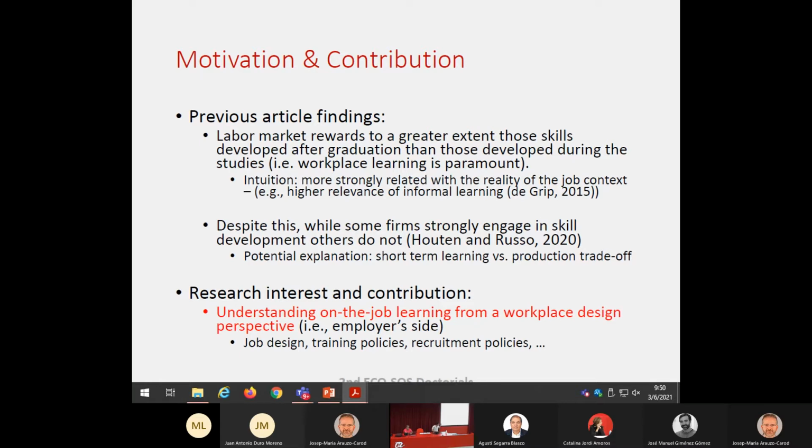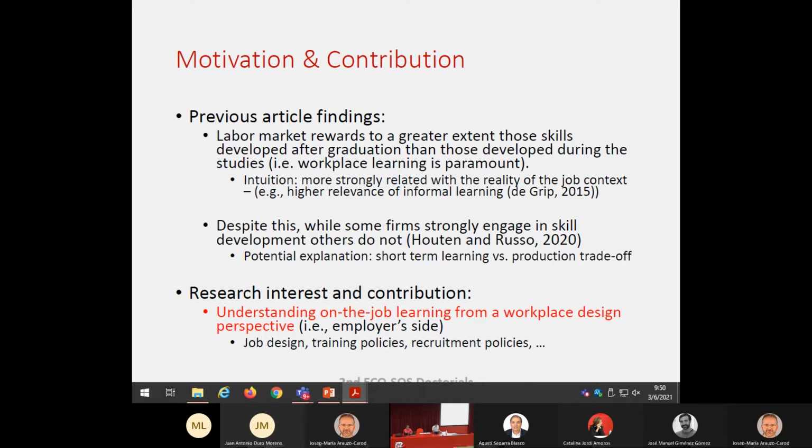You can check this in the recent European Company Survey report by Huten and Russo, which is a really big study. A potential explanation is that there may be a trade-off between learning and production, and some firms are not willing to assume this trade-off.